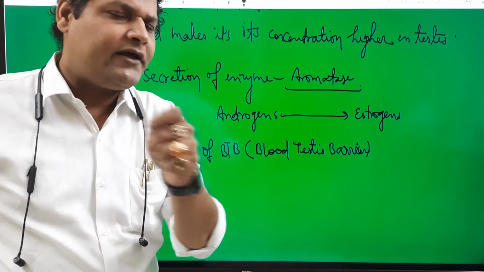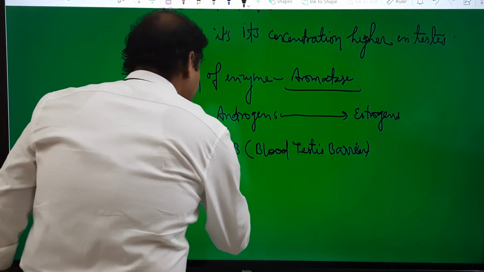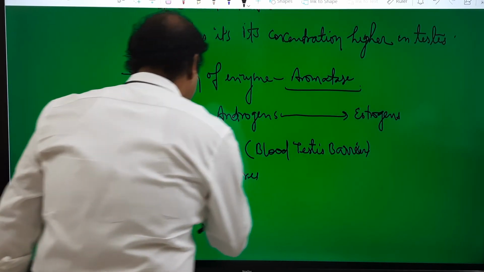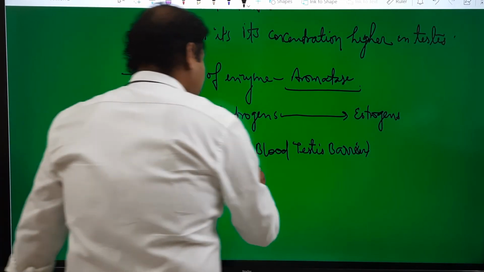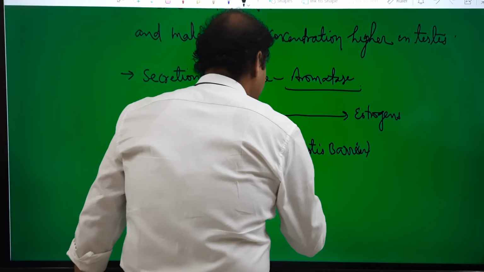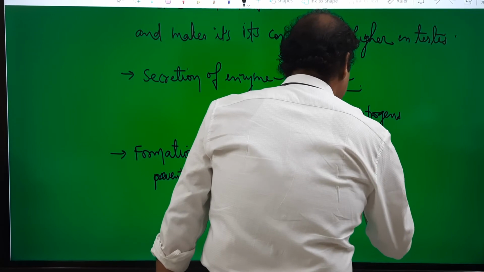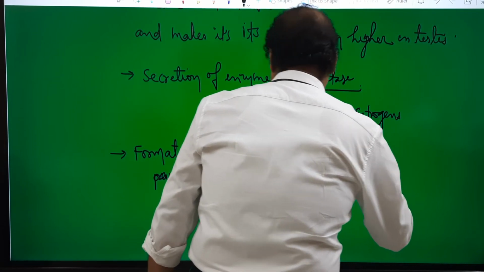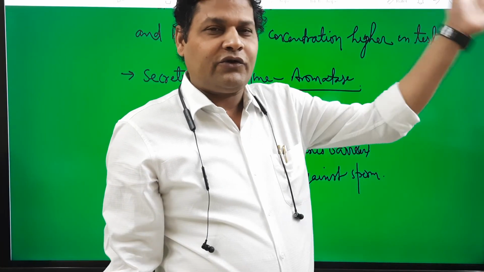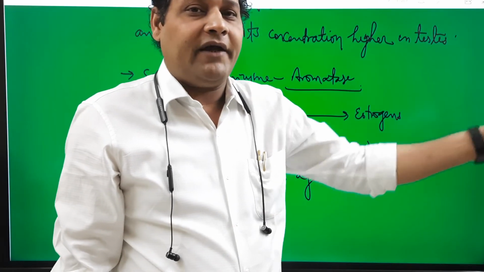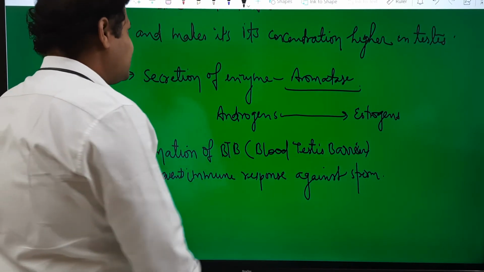So the Sertoli cell has some resemblance with the astrocyte of the brain, because in the brain astrocytes form the blood-brain barrier, BBB.